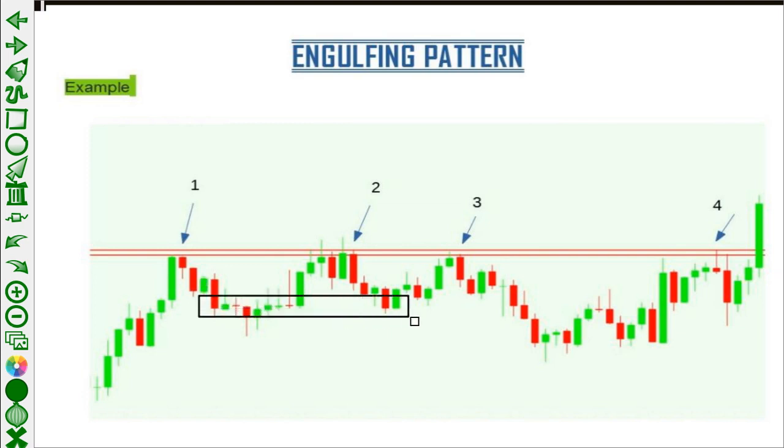Here we can see a small rejection towards the number 1 of the minor buyers area, and the next candle is a green candle. So there are some buyers present, and confirmation of this would be that moving ahead there are still buyers here. So considering that, we need to draw the buyers area.